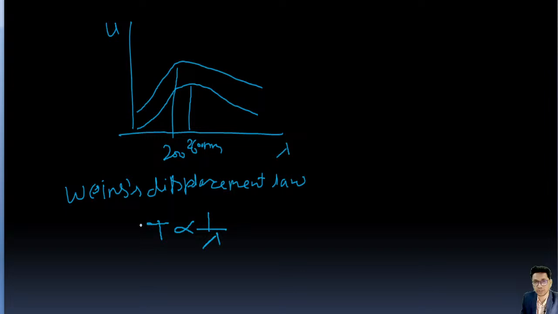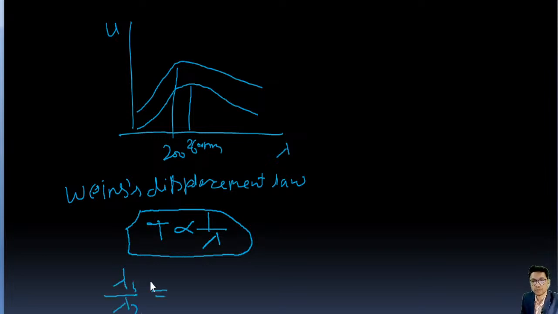Using this law, we can easily find lambda 1 upon lambda 2, which equals T2 upon T1.